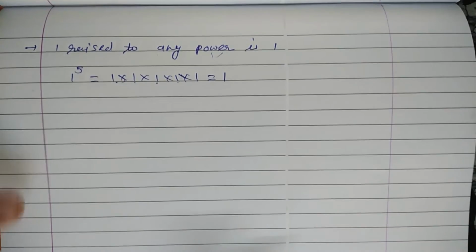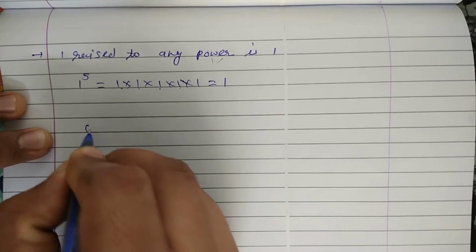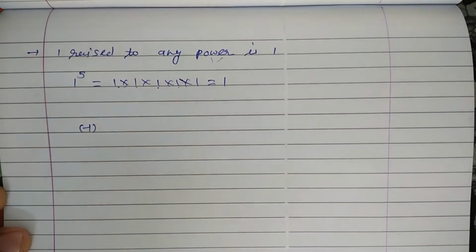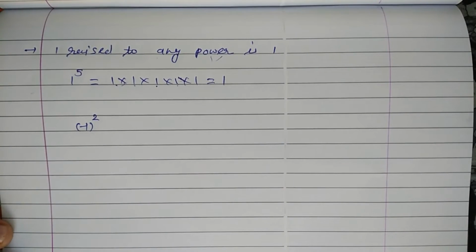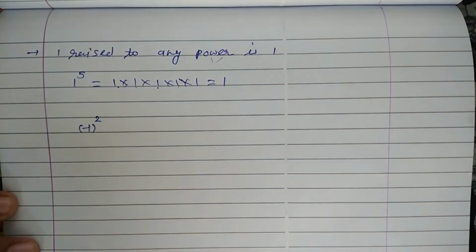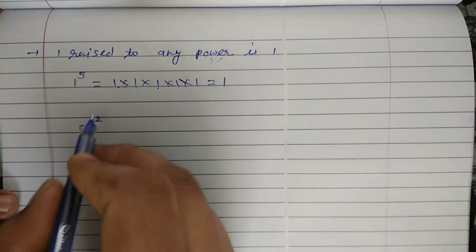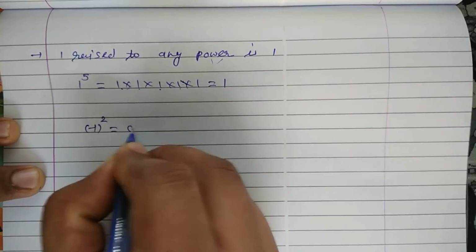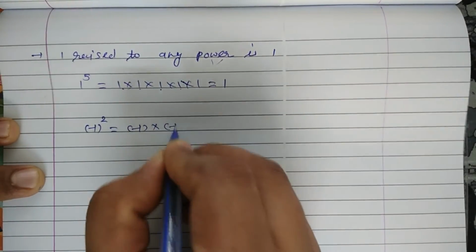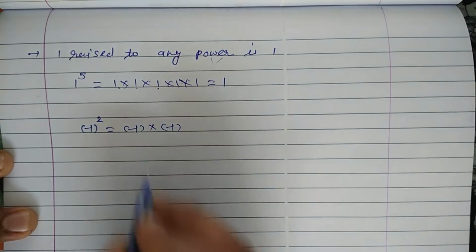Now for a negative number, for -1, if we take an even power, for example 2, which is an even number, we will get the answer in positive form. Means if we simplify, minus 1 raised to 2 means minus 1 multiplied by minus 1.